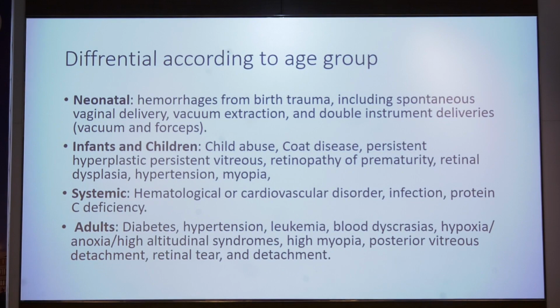Systemically, hematological or cardiovascular disorders, infections, protein C and vitamin C deficiency can also cause that. In adults, diabetes, hypertension, leukemia, blood dyscrasias, hypoxia, anoxia, high altitude syndromes, high myopia, posterior vitreous detachment, retinal tear, and detachment can also cause that.